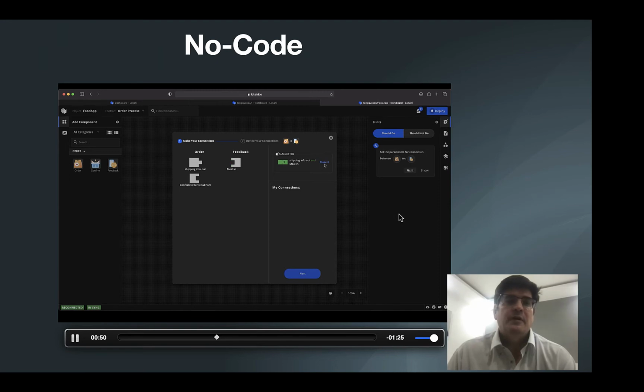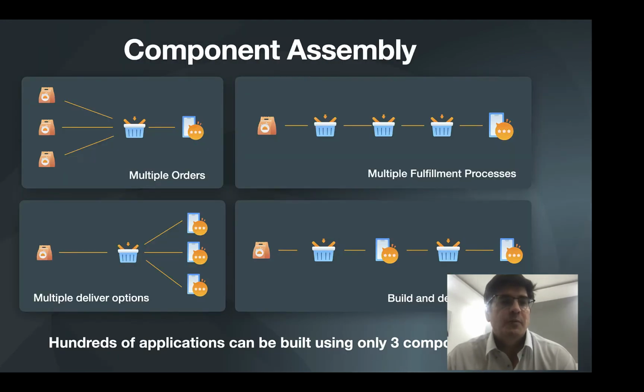Right here we have only 3 components, but we do have the ability to connect components in multiple ways. So from 3 components we can have many applications, dozens, maybe over 100 applications, made only from 3 components. And our product has toolboxes with many more components, dozens and soon hundreds of components.